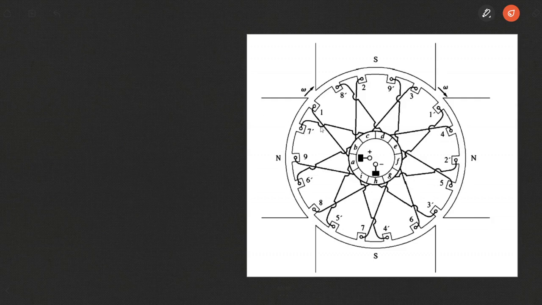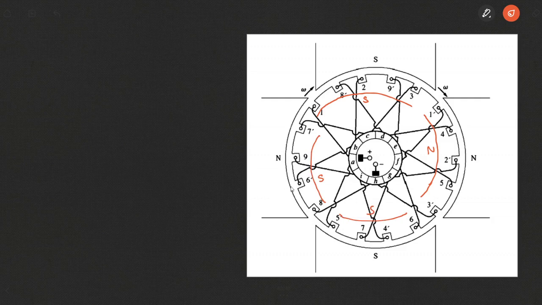So let us assume that these sets of slots are under the influence of the south pole, these slots are under the influence of the north pole, these again here are under the influence of the south pole, and these are under the influence of the north pole.